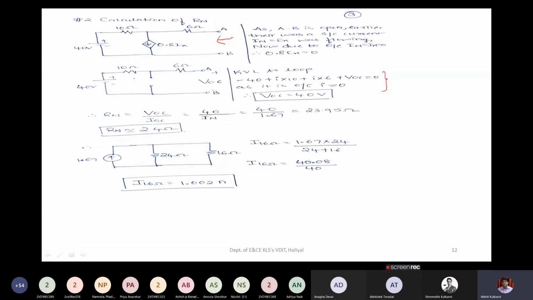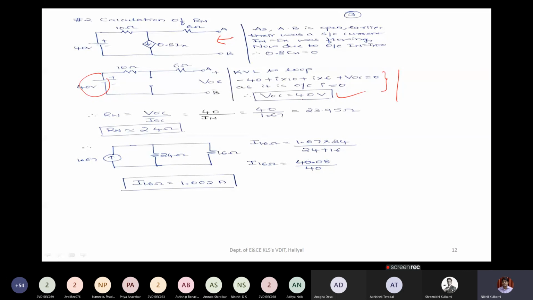Just see here, since it is open, no current can flow here and no current can flow here. So the voltage will be 40 volts only. If you apply KVL also, you will get 40 volts only. But in the VTU examination, you need to write these equations.